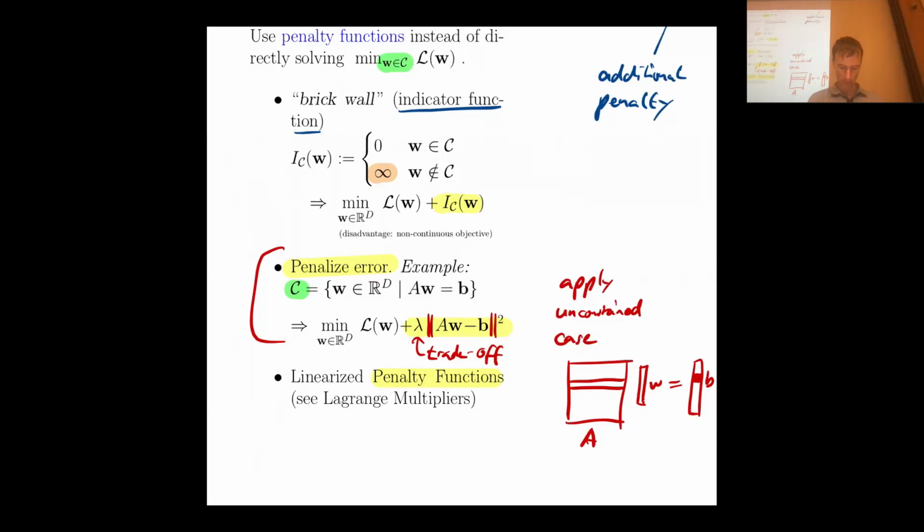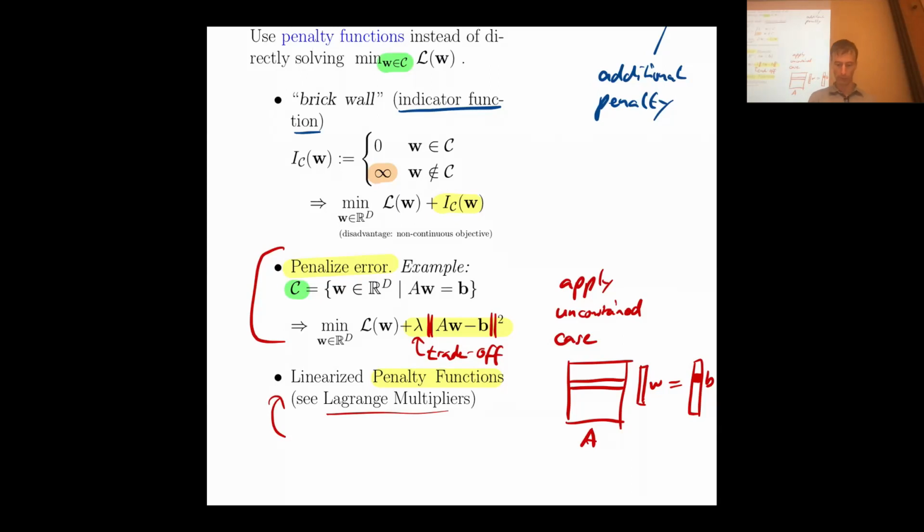Okay, and then finally, this one is very similar. Maybe some of you have seen this. If you have constraints, some people introduce additional variables, and then multiply this variable with how much your constraint is violated. That's this Lagrangian approach, which then tells you, okay, now suddenly I have many more weights than I originally had.